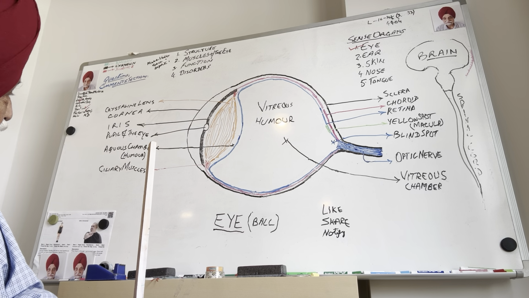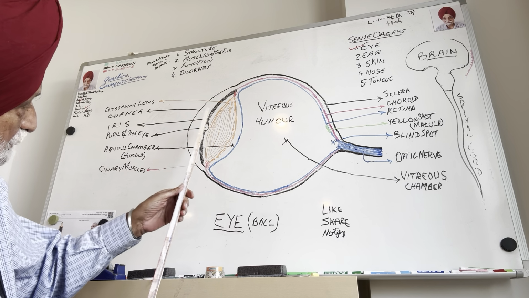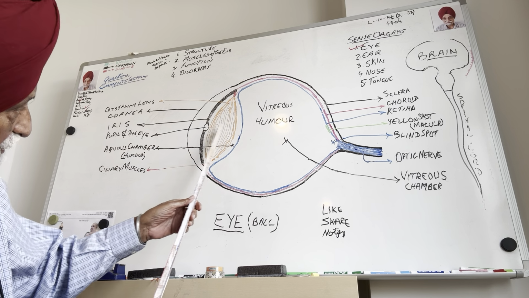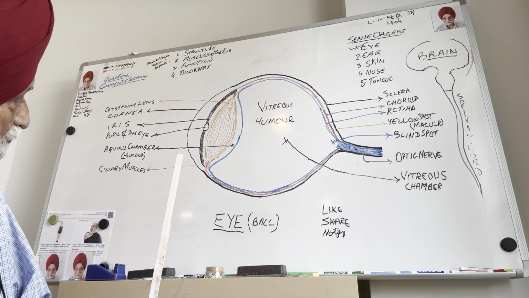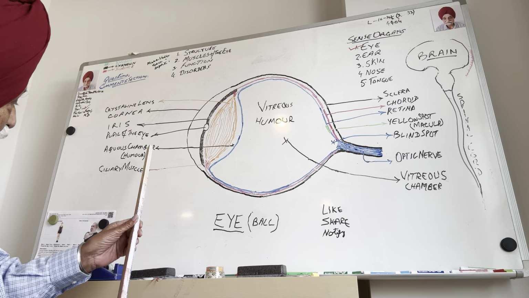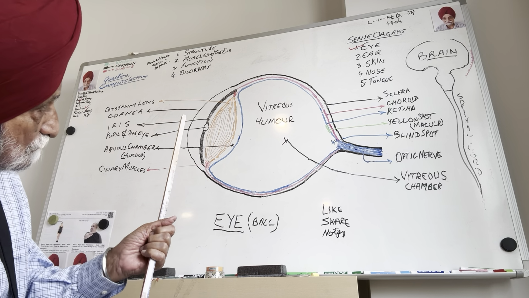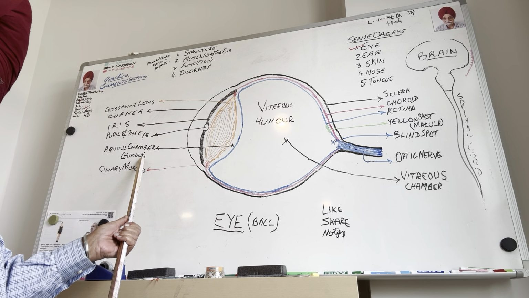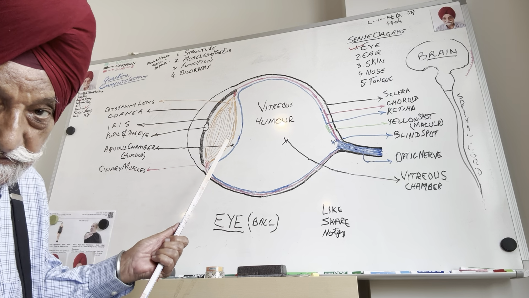Now, the space between the cornea and the depression of the retina is called the aqueous chamber. This aqueous chamber is filled with a fluid called aqueous humor. This is also transparent so that light can pass through.